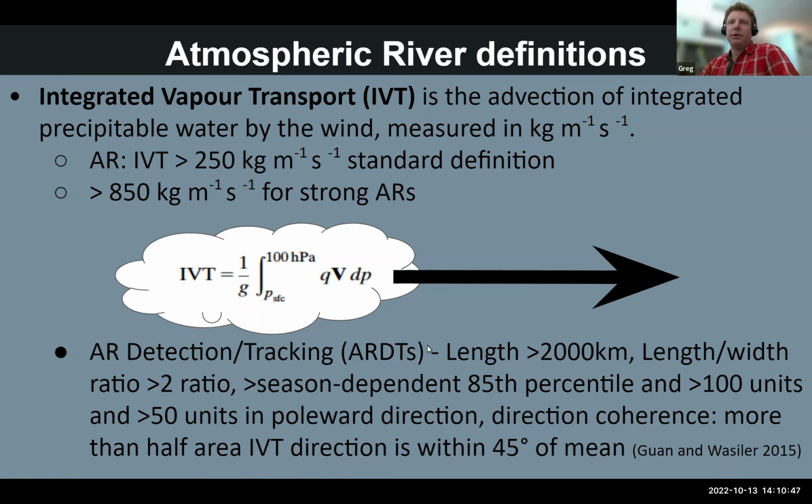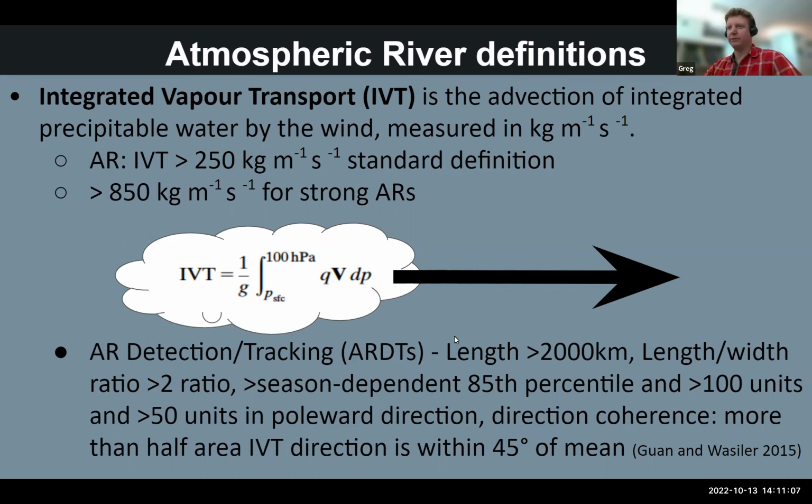And then just a bit more of a note on atmospheric river detection and tracking. The community uses the abbreviation ARDTs for atmospheric river detection and tracking algorithms. They used to be simpler, but now as the science has evolved, they've gotten more complex.